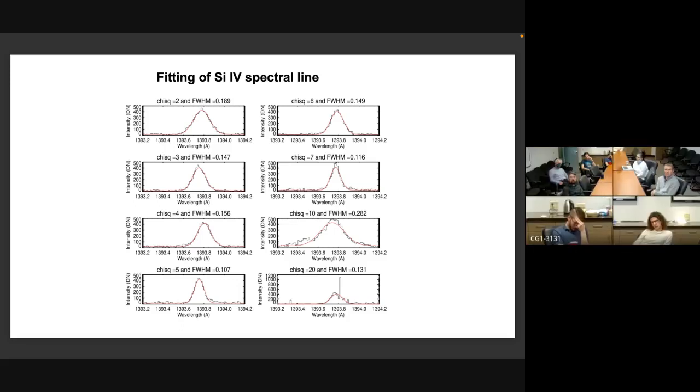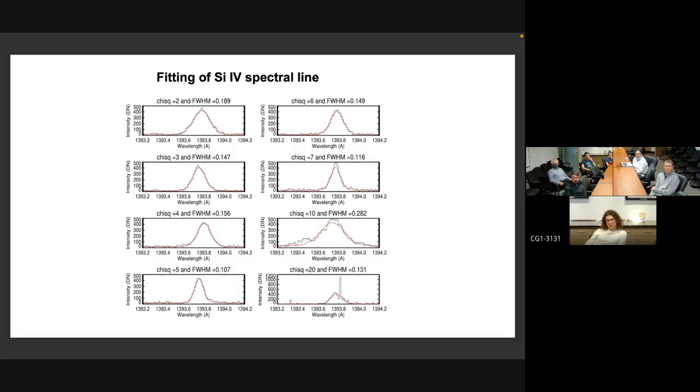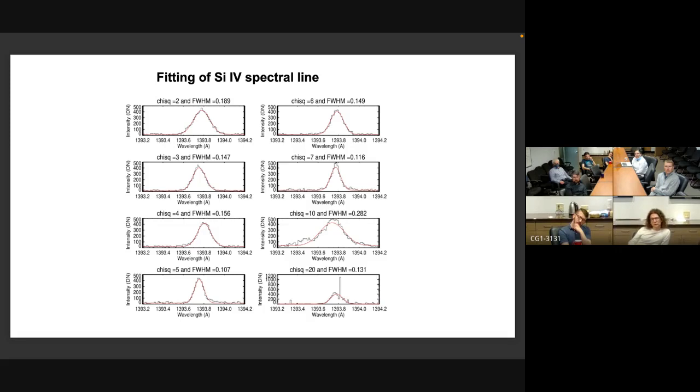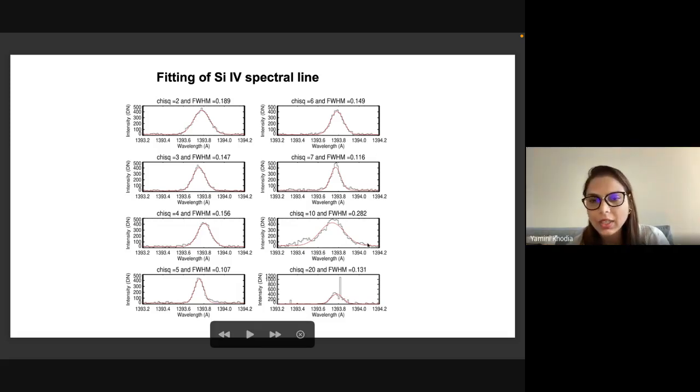Okay, thanks. Yeah. Like your example there where the chi-square equals 10, it kind of looks like it's not fitted well because you've got another peak to the blue, and I don't know if that's a blended line on another line there, or is it possibly still silicon 4 but some plasma that's way blue shifted somewhere? Yes, it could be.